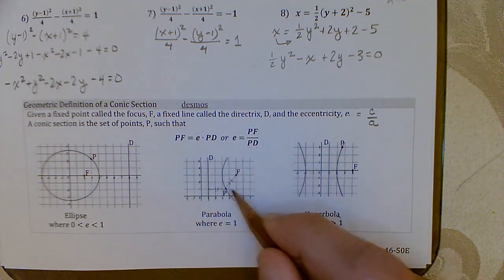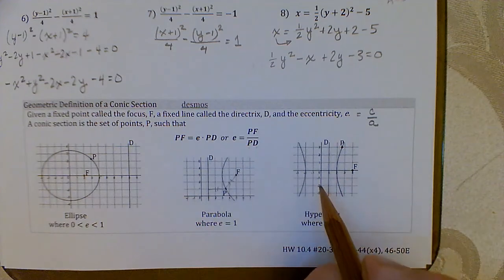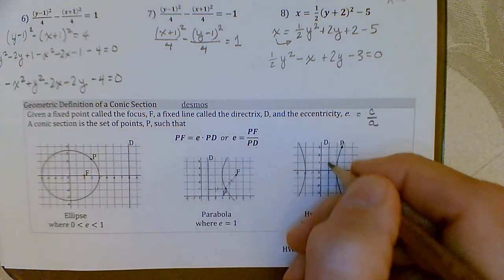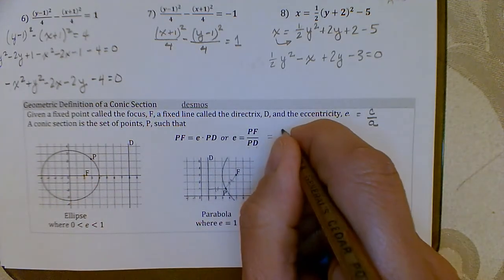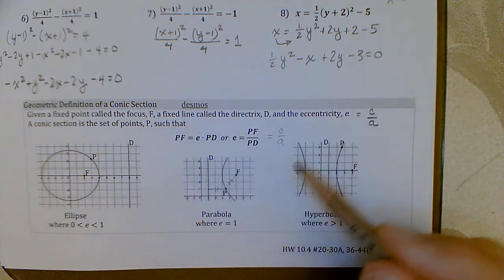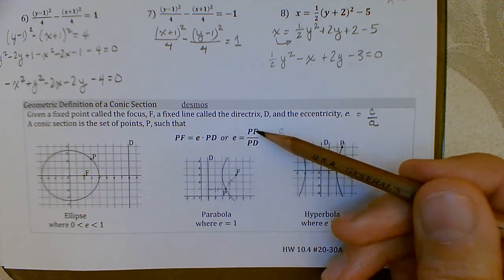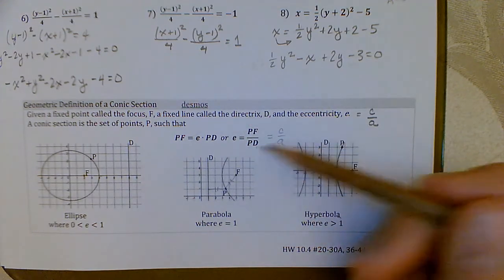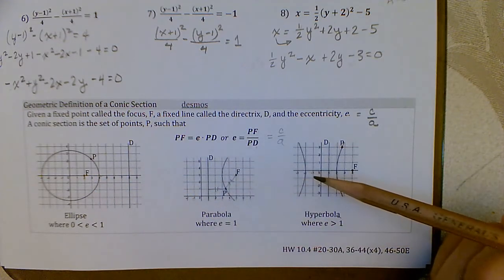Now, for hyperbolas and ellipses, we can also think about this as being c over a. That does not mean that the distance from a point to the focus is c. This ratio will be the same as this ratio; individual values will not be the same. Again, this only makes sense for these two.